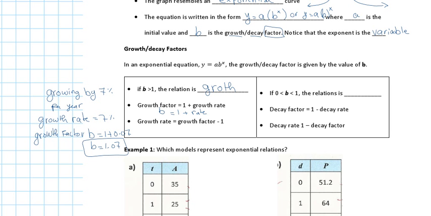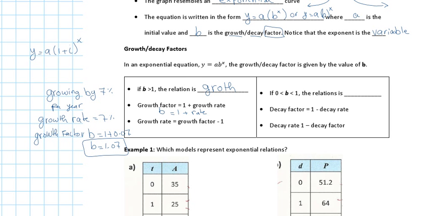Right? Because remember in your equation, if I go back to the equation where we did y equals a, 1 plus i, to the power of x, remember that? This is for the growth, 1 plus i, right? i is my growth rate. i is my rate. When I add the 1 plus the rate, that gives me my base, which is 1.07, which is my growth factor. You guys understand that?